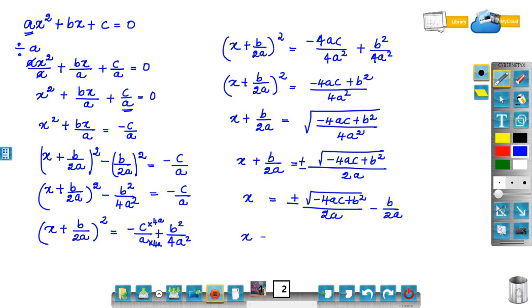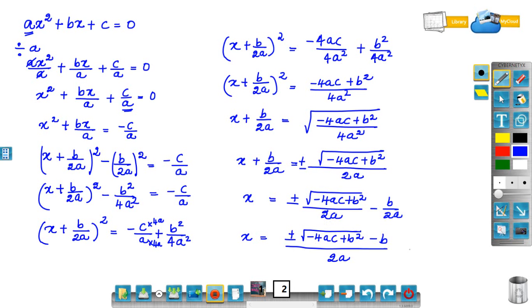So, x is equal to plus or minus square root of minus 4ac plus b square, minus b, the common denominator is 2a. In both the fractions we have 2a. This is called the quadratic formula.